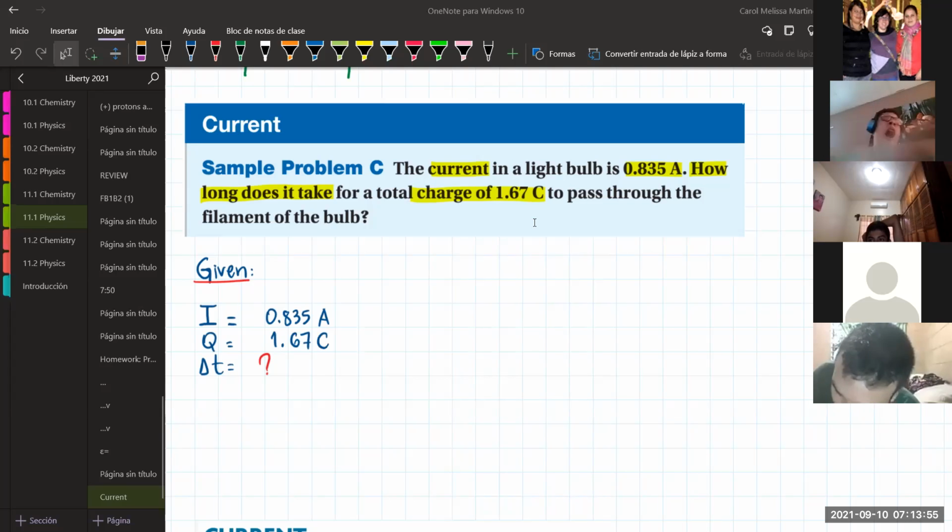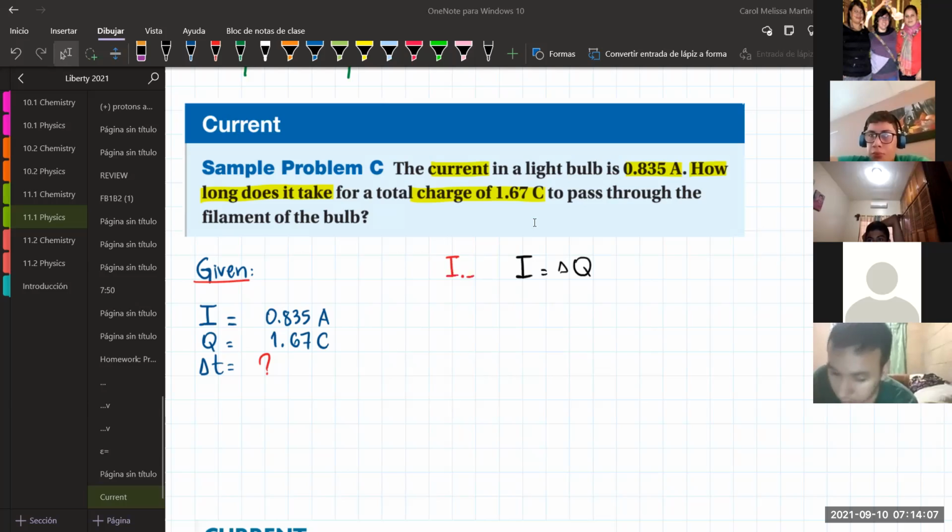Okay, the main equation for current is this one. Current is equal to the charge divided by time. Okay, this is the main equation. Since we're looking for the time, we're going to isolate it.